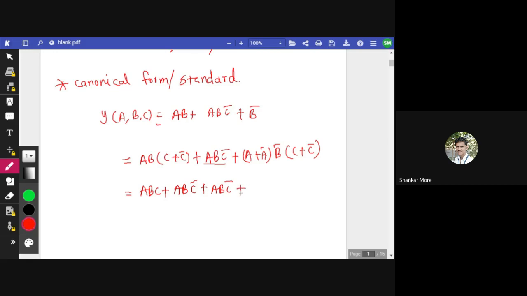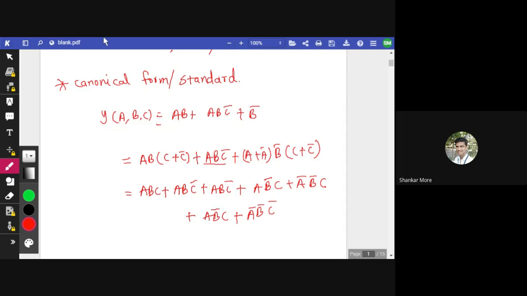Then we have plus AB bar C, and then A bar B bar C, AB bar C, A bar B bar C. Then we multiply: AB bar C is done, A bar B bar C is done. Then AB bar C, and lastly we have A bar B bar C bar. So this is how we are going to multiply.